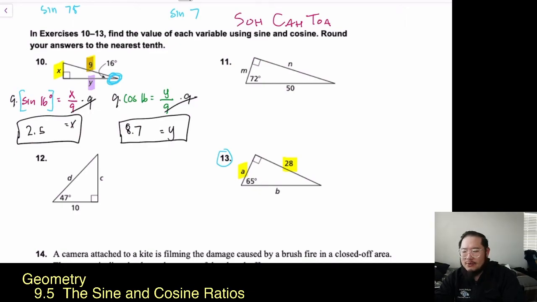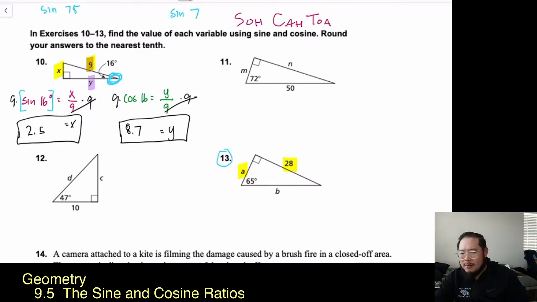But today, because they want us to use sine and cosine, how do I figure out what side A is with 65, when side A is the adjacent and 25 is the opposite?